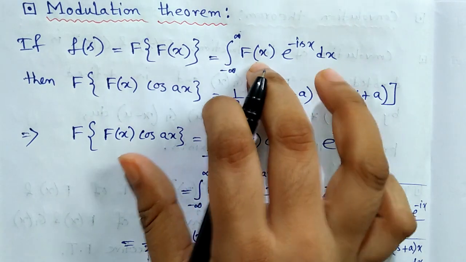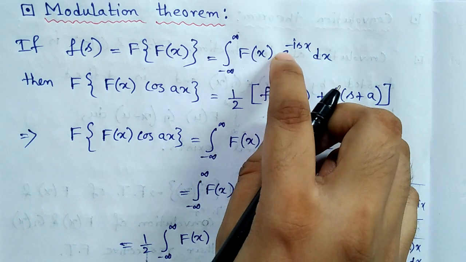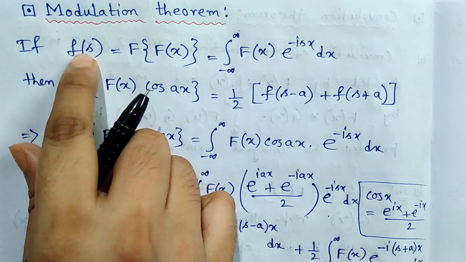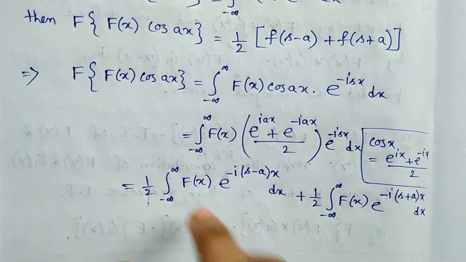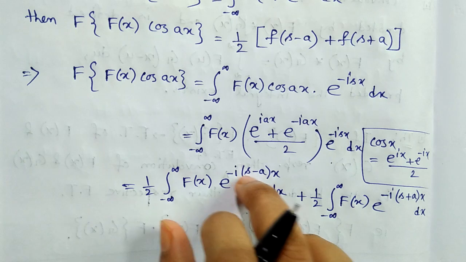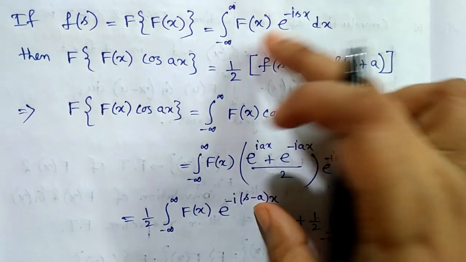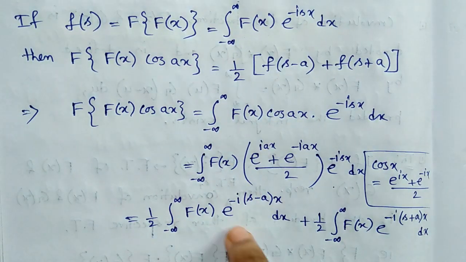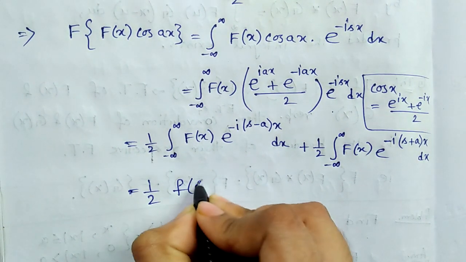if this is written using the variable x and here e to the power minus isx, we denote it as F(s). Similarly, if this is written using the x variable and here s minus a, just compare these two. If this can be written using F(s), then this also can be written as half of F(s minus a).